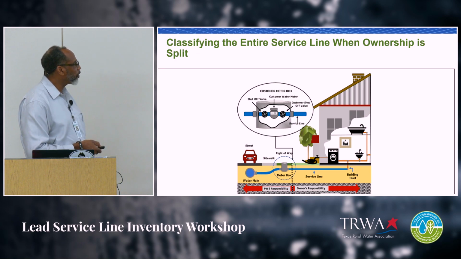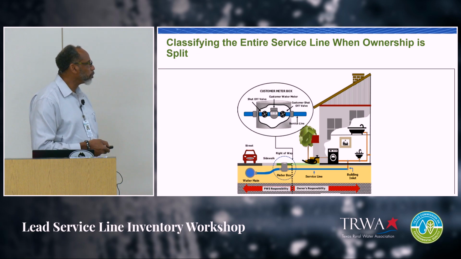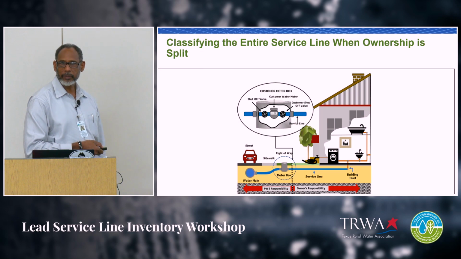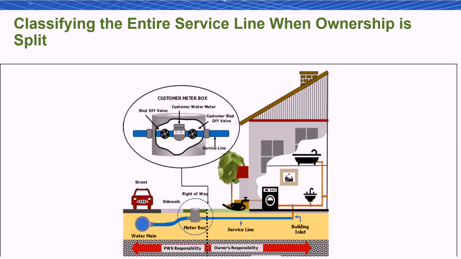So you have to determine, does anyone here have a situation where the PWS owns the service line up to the property line, and then the property owner owns the service line from the property line there? Anyone in here has that situation? I think this is the case in most of Texas.